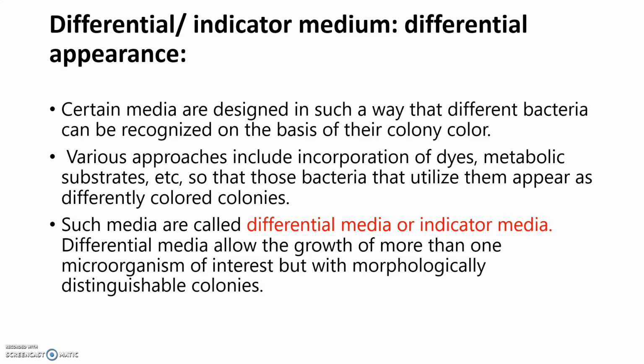In some types of differential media, dyes are incorporated. Also metabolic substrates, so that bacteria can utilize them and appear in differently colored colonies. If the bacteria appear in that color, we can identify it is that bacteria, that is E. coli or Klebsiella, like that. Such media are called differential media or indicator media.